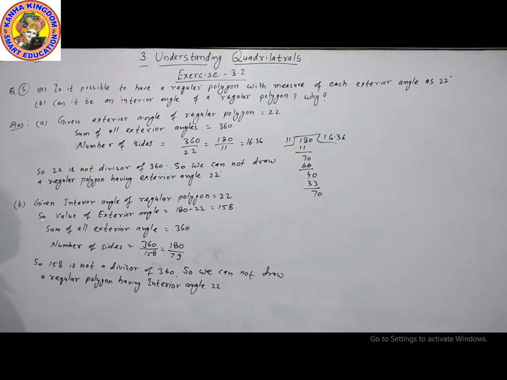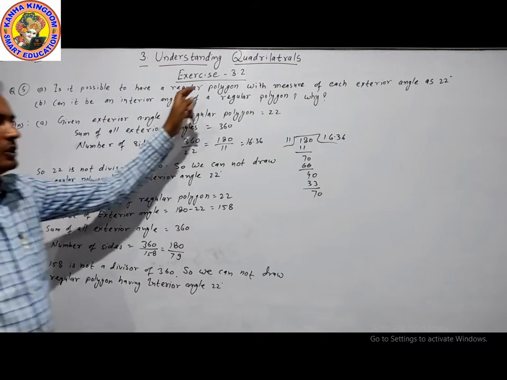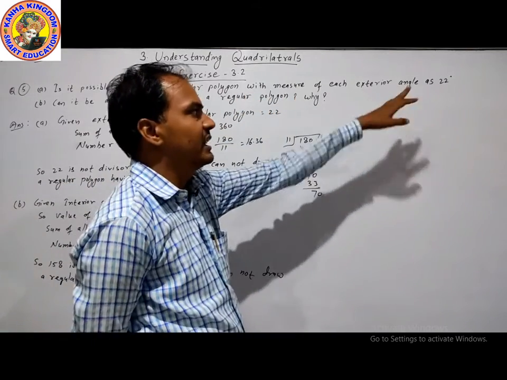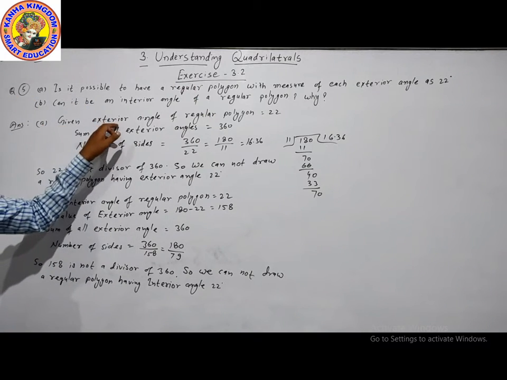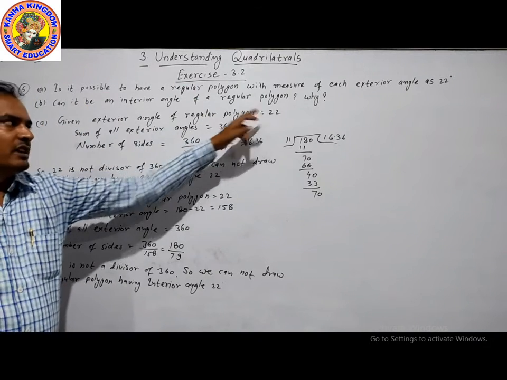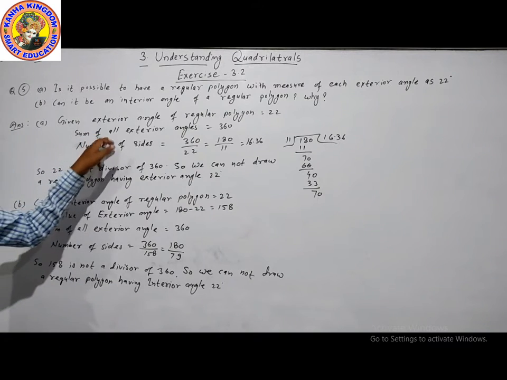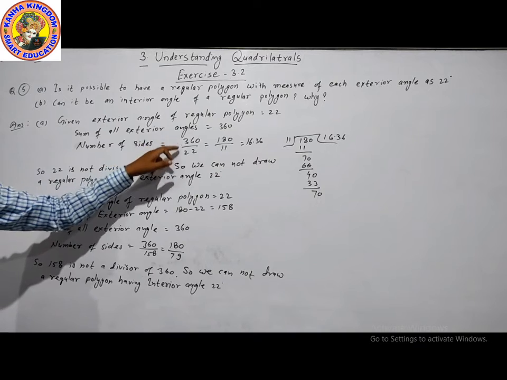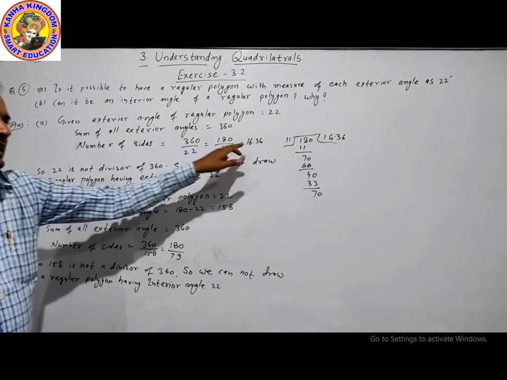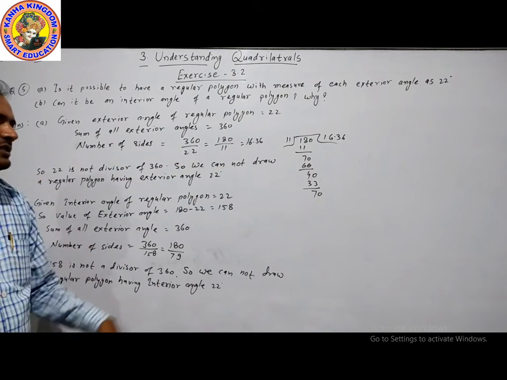Let's take beginning from this question. Question number 5. First part, is it possible to have a regular polygon with measure of each exterior angle 22? Given that the value of exterior angle is 22, we know that the sum of exterior angles is 360. So the number of sides is 360 by 22. We get 16.36.